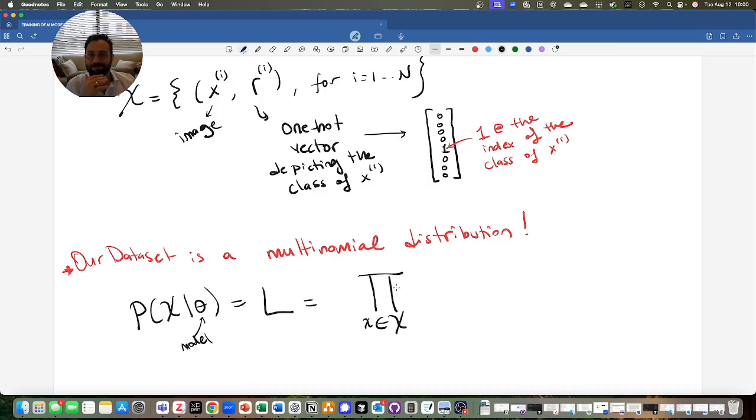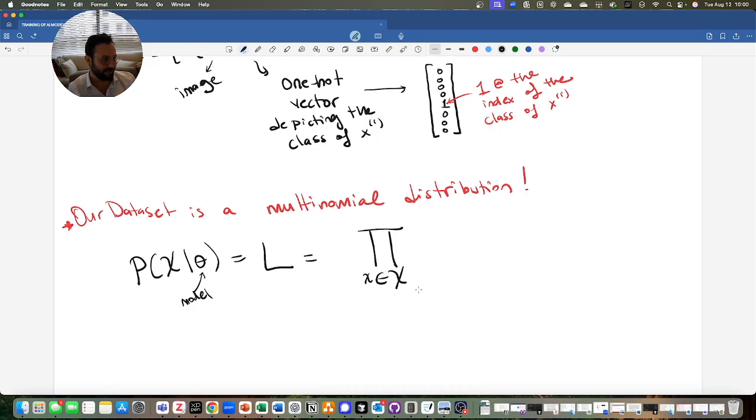I'm going to lose the superscript parentheses i's here for the sake of simplicity. I will add only a few of them so that you can see what is where. And for all of the classes, each and every sample will have only one class. So I will have my y of k to the r of k.